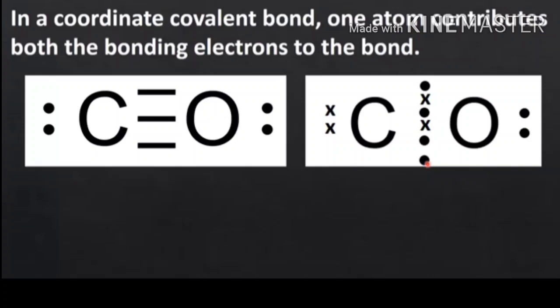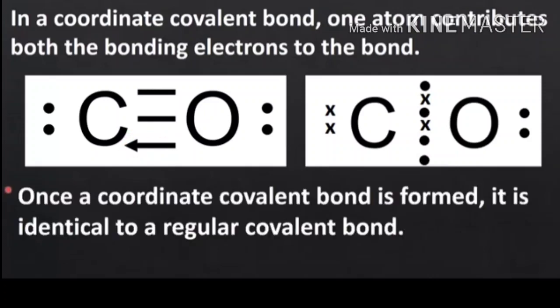This bond looks like a covalent bond, as both the electrons are shared by the atoms, so this third bond is represented by an arrow, in which oxygen is donor and carbon is acceptor.